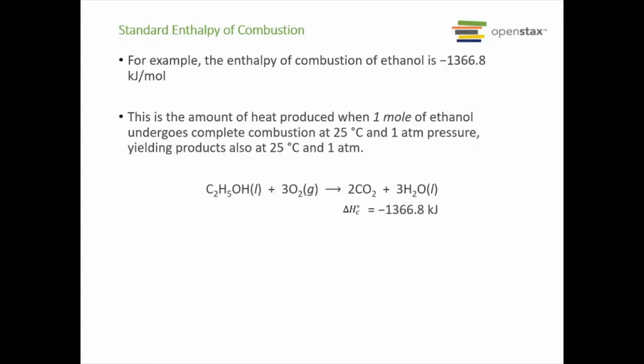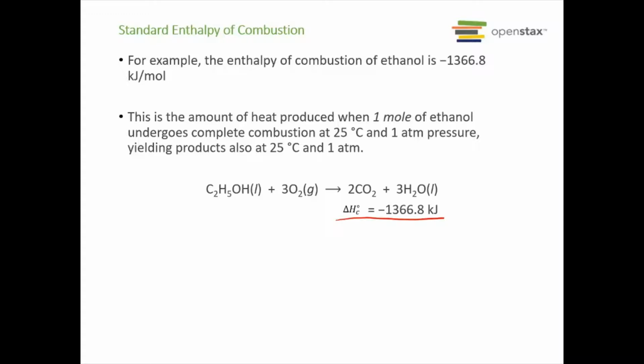For example, the enthalpy of combustion of ethanol is negative 1,366.8 kilojoules per mole. So if 1 mole of ethanol undergoes complete combustion at 25 degrees Celsius and 1 atm pressure, giving products that are at the same temperature and pressure, negative 1,366.8 kilojoules is released.